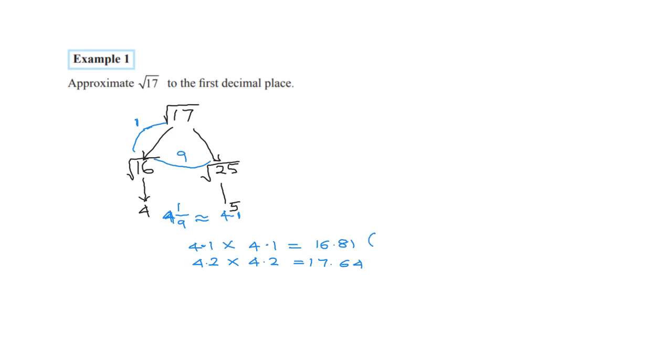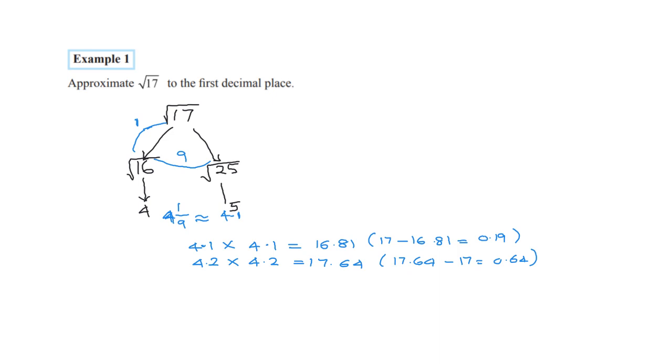So next we have to check the gap here, which is closer to 17. 17 minus 16.81, you have 0.19. Then 17.64 minus 17, you have 0.64. So by looking at this, gap is here.